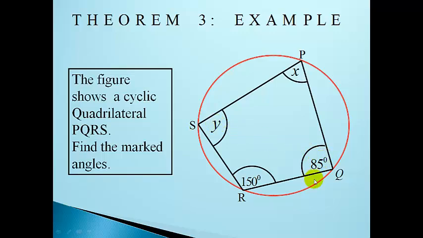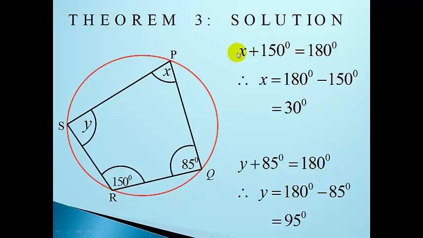Now let's proceed. This is the solution to the problem. Considering the cyclic quadrilateral PQRS, when we consider the angles within the quadrilateral, we can see that angle X and angle 150 degrees are opposite angles. And so the sum of the opposite angles in the quadrilateral is equal to 180.